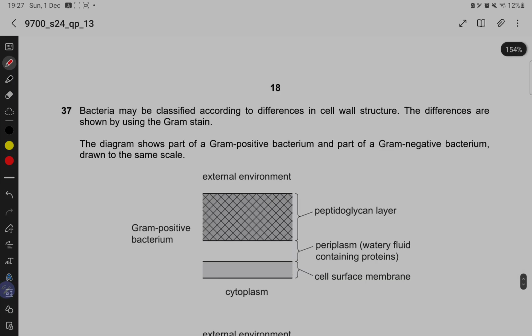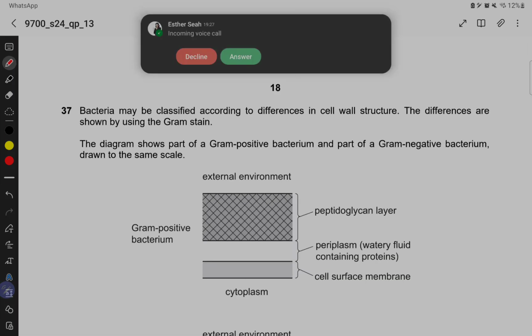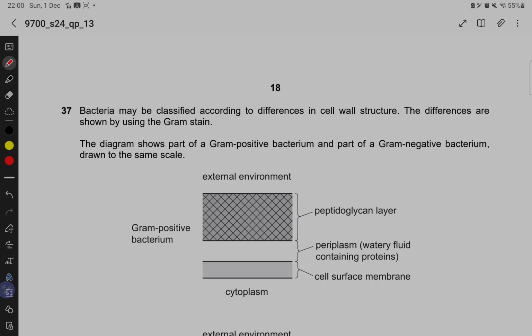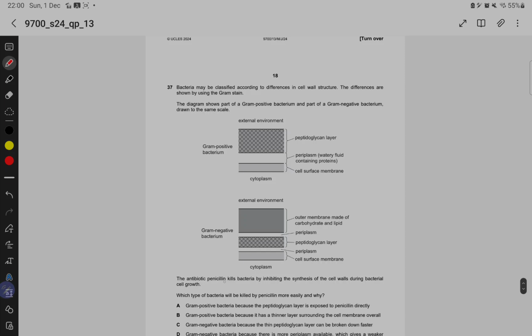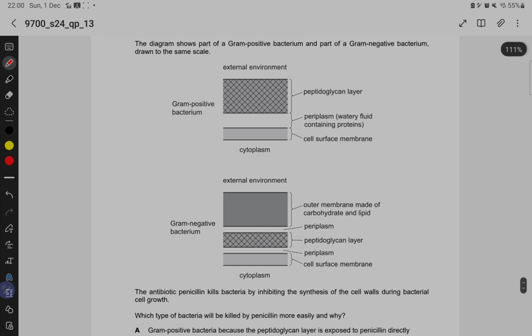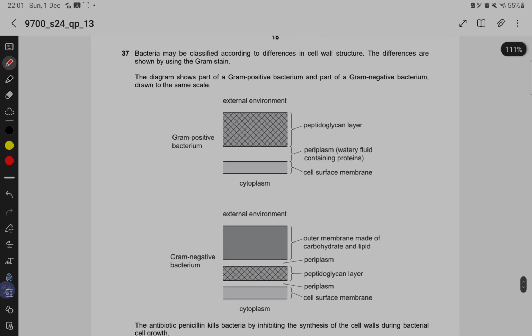Bacteria may be classified according to differences in cell wall structure. The antibiotic penicillin kills bacteria by inhibiting the synthesis of cell wall during growth. Which type of bacteria will be killed by penicillin more easily and why? It's gonna be the gram-positive one.